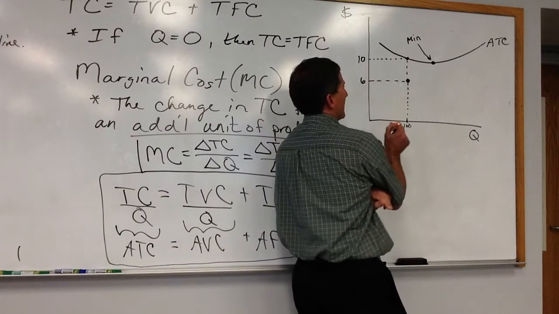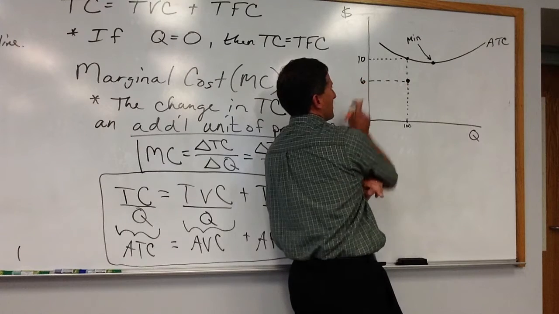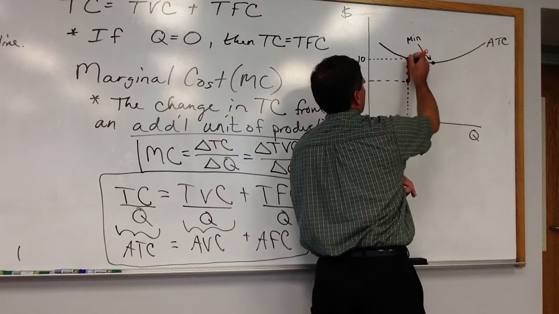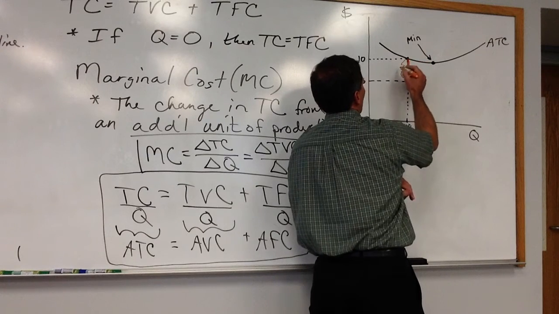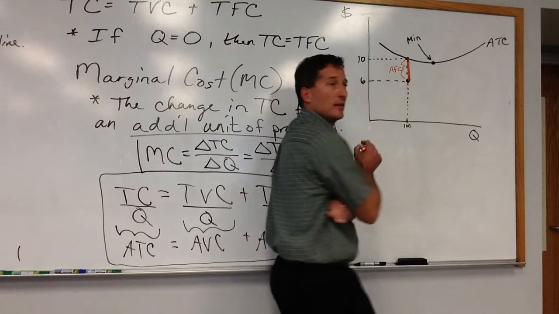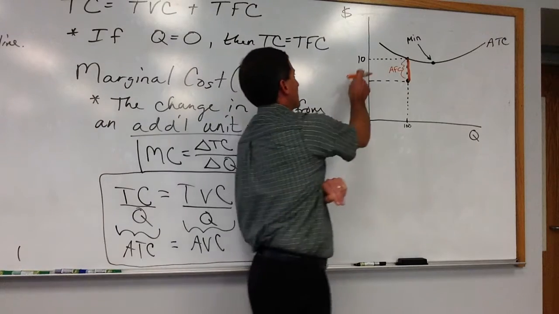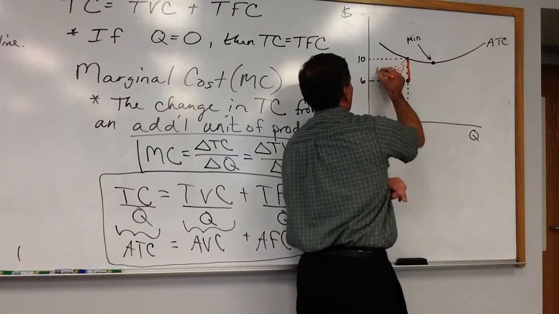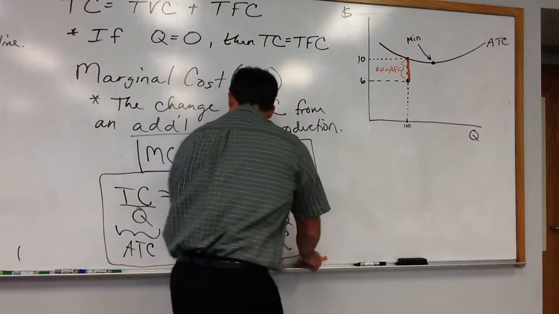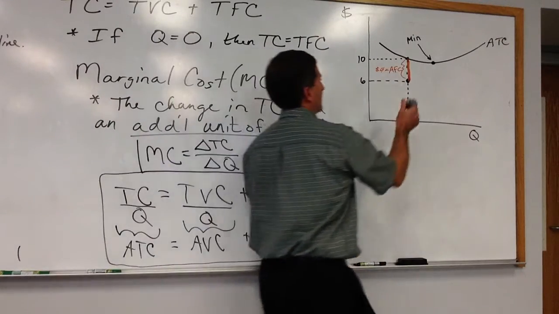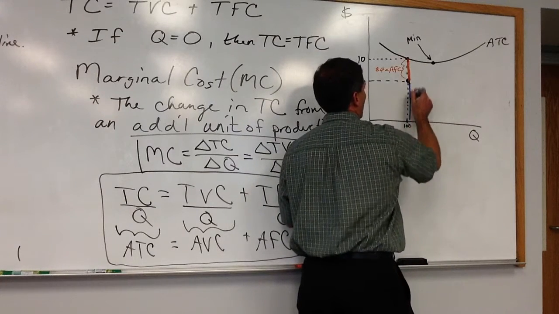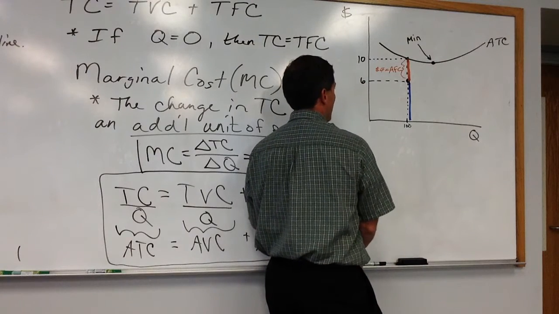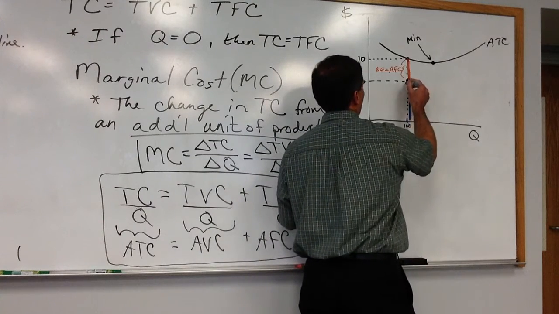So this represents the average variable cost of production, which means this vertical distance here represents the $4 of average fixed cost, right? 6 plus 4 is 10. So there was $4 of average fixed cost. There was $6. I'll put the blue line here. This vertical height is $6 of average variable cost.